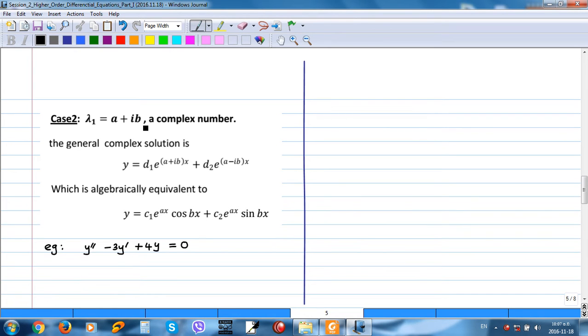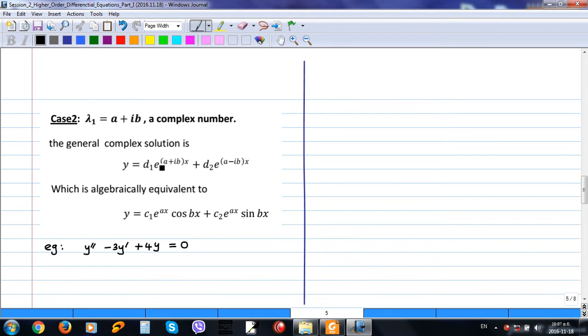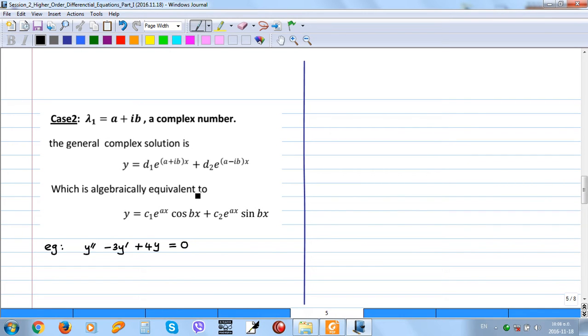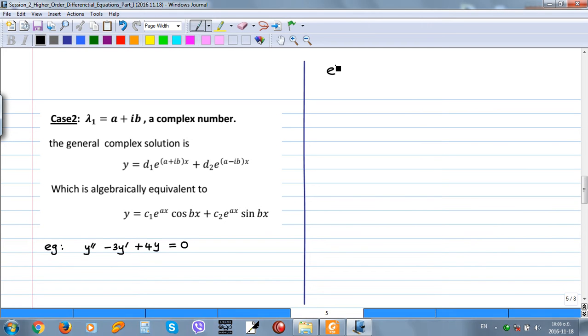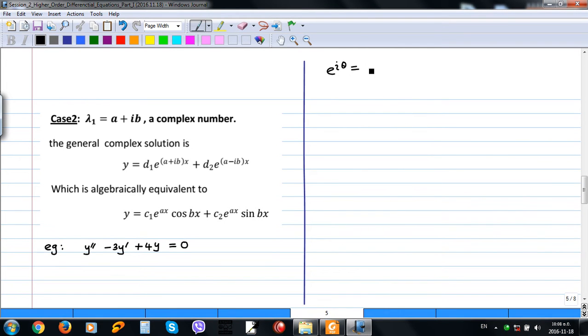If the answer is a complex number, then the general complex solution, we can write y equals d1 e to the power a plus ib x plus d2 times e to the power a minus ib x. And we knew that e to the power i theta we can write as cos theta plus i sin theta.